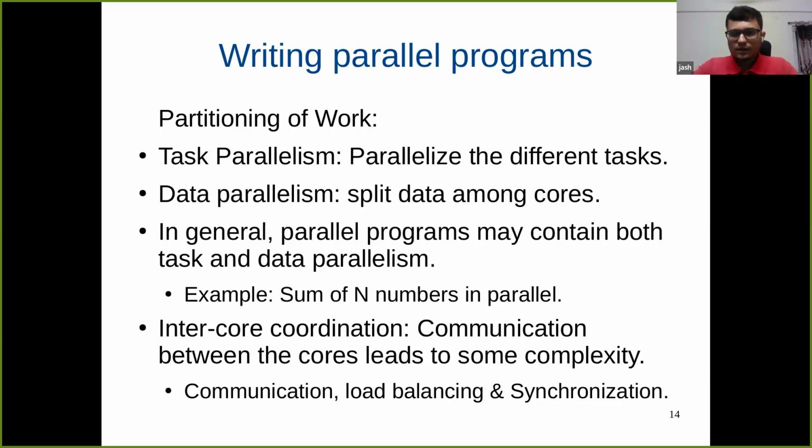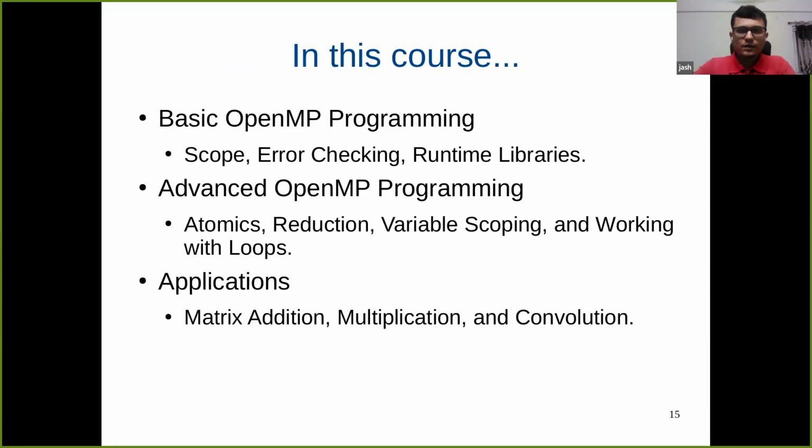Okay, any other question? Okay, so basically let us look into the overview for this course. We'll cover three things broadly. First, basic OpenMP programming, in which we'll see scope for variables, how to perform error checking in OpenMP, and how to use the runtime libraries in OpenMP.